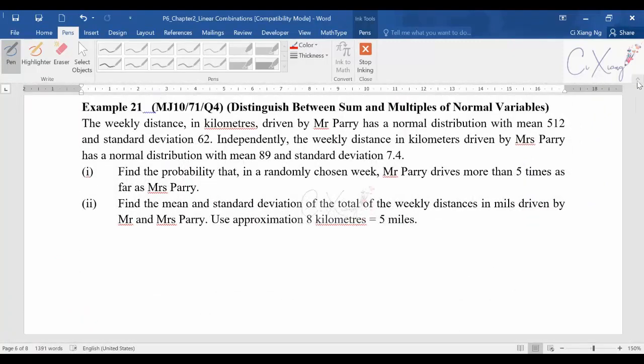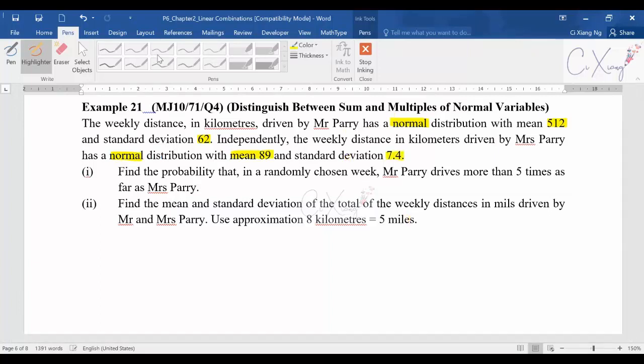Okay, so I will roughly guide you how to do it first, and then after that you complete it yourself also. Okay, so the weekly distance in kilometers driven by Mr. Perry has a normal distribution with this mean and standard deviation. Independently, Mrs. Perry drives with a normal distribution, with this mean and this standard deviation.